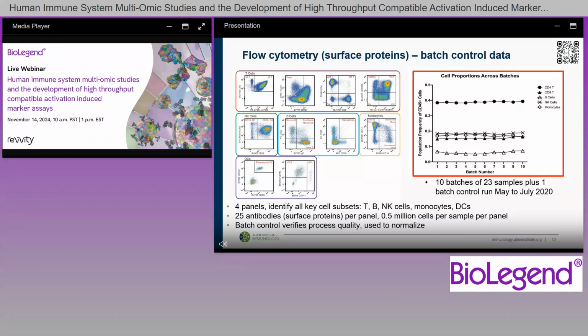And this image here is pulled from one of the panels that's really able to identify all of these populations really well. But looking at 10 batches over a few months that this was run, and looking at that batch control, those populations stay really similar. And so we kind of know that batch control is really working for us.